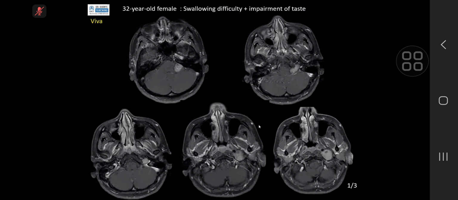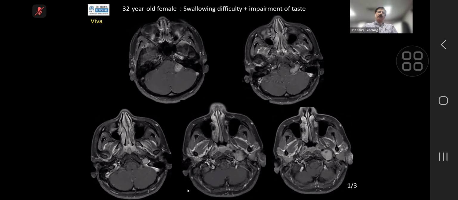So it seems to be in continuation with where you would find the IJV. So I think it's where the vessel would exit the foramen. So I think the left IJV is occupying the left jugular foramen.